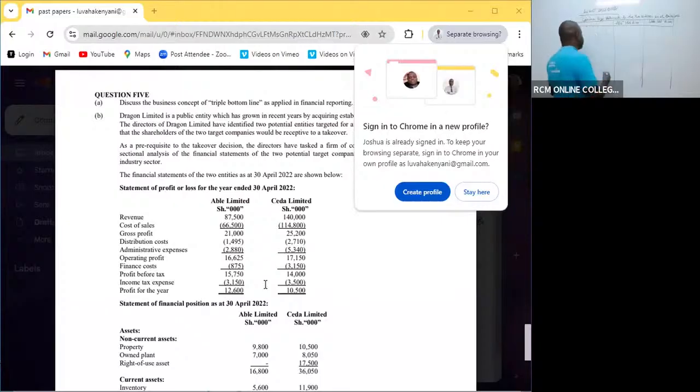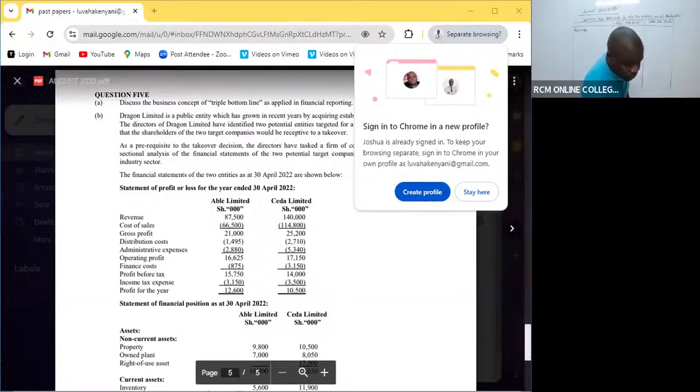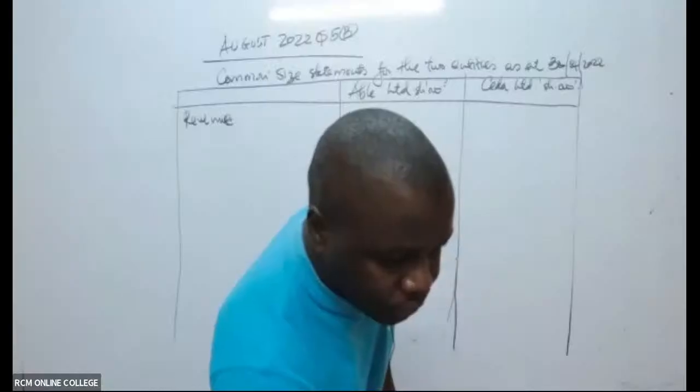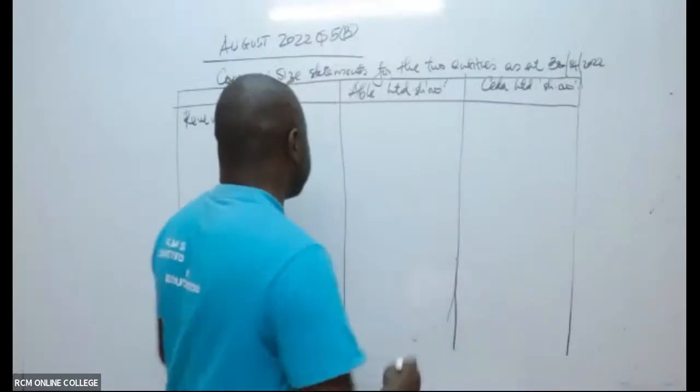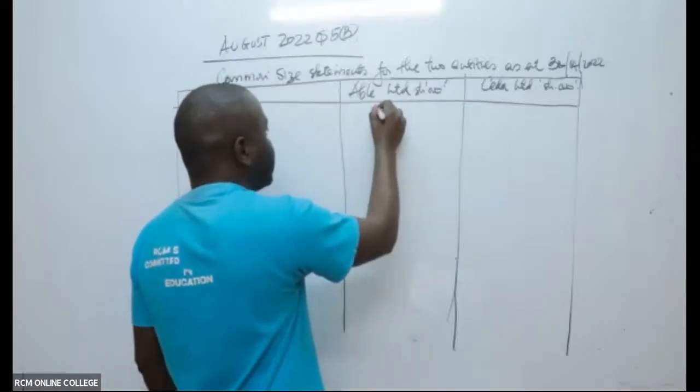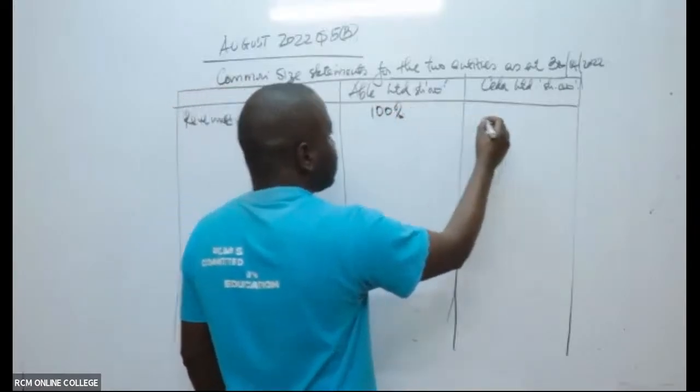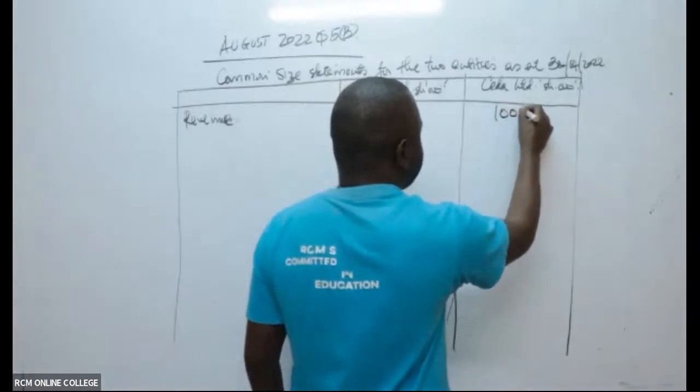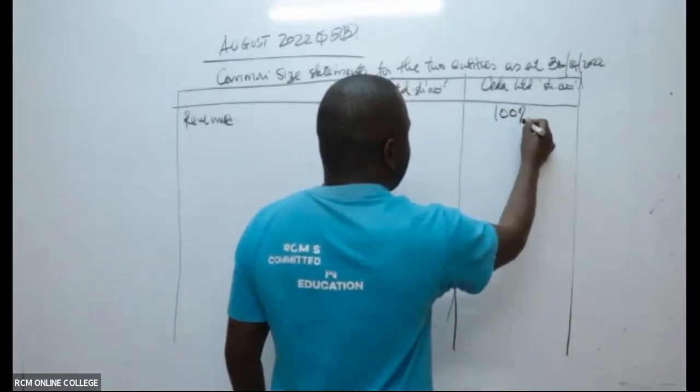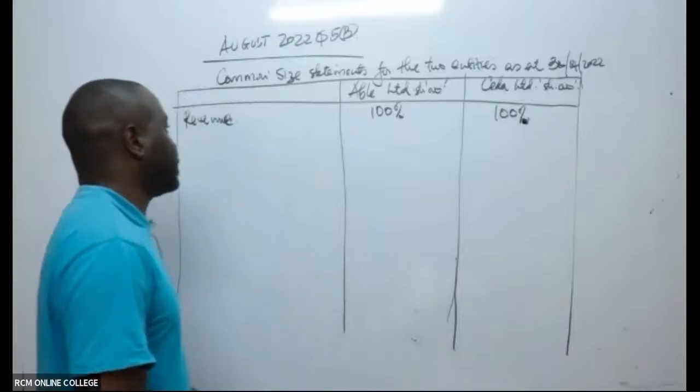There are those who will say they are not seeing the board. So our sales will represent 100% for the two companies. Remember, we are converting them into percentages.